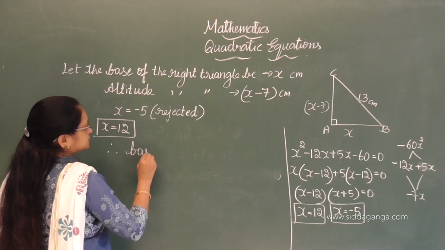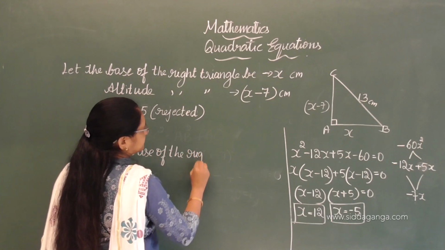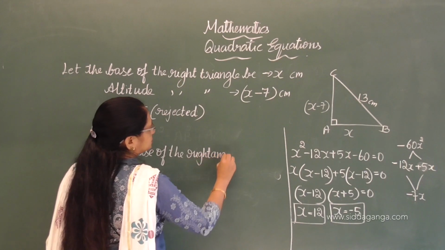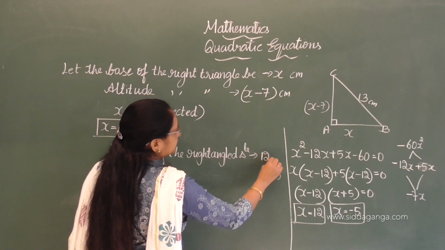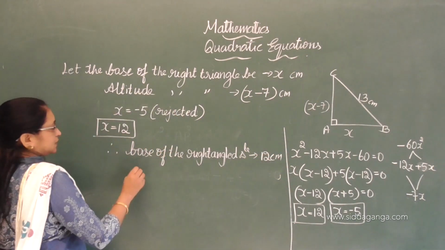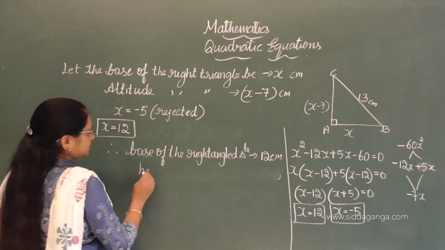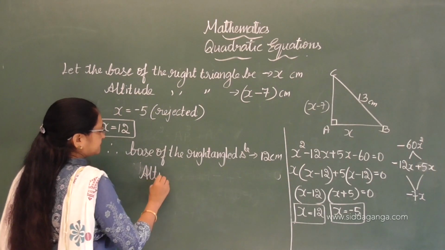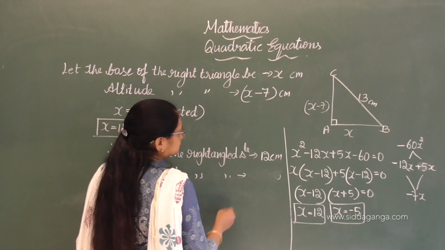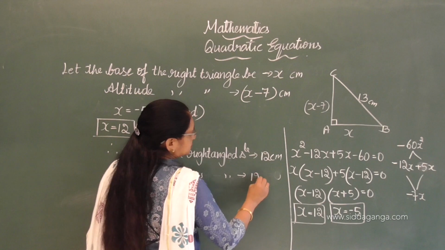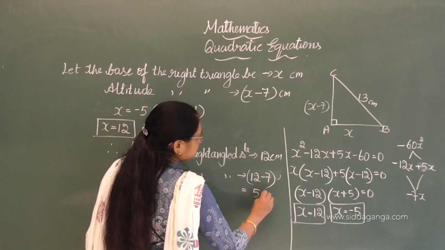Therefore base of the right angle triangle is 12 centimeter and height or altitude, as they have given in the question, you can write altitude of the right triangle is x minus 7, that is 12 minus 7, which is 5 centimeter.